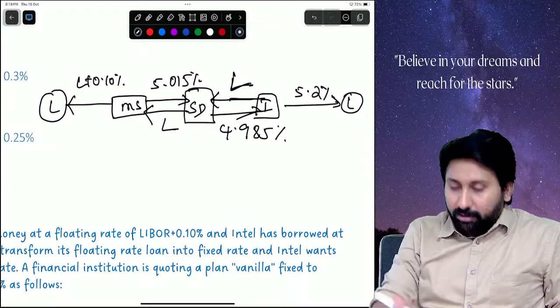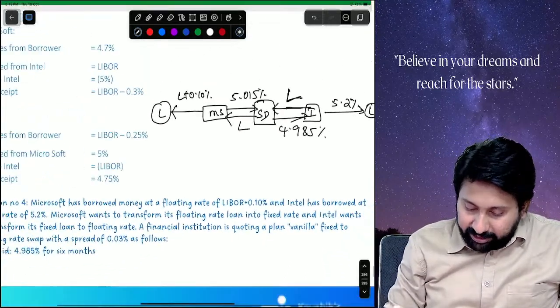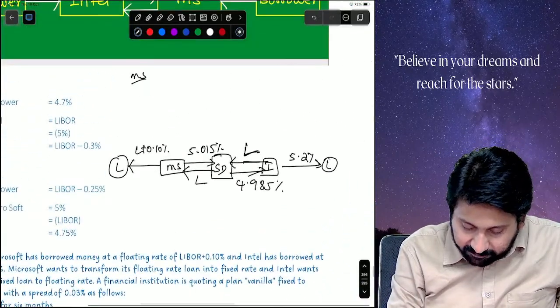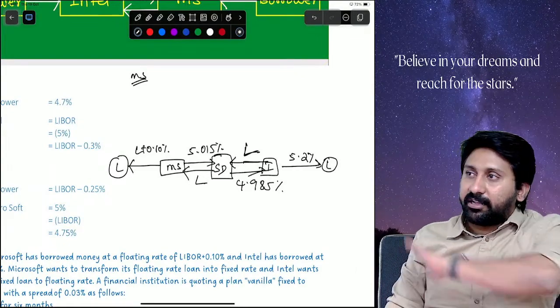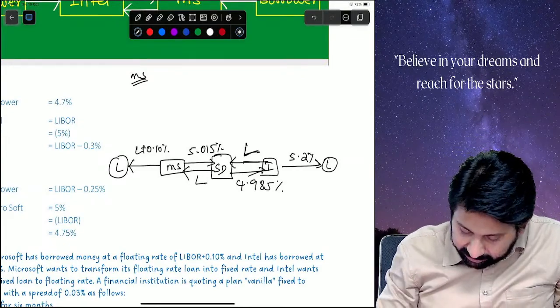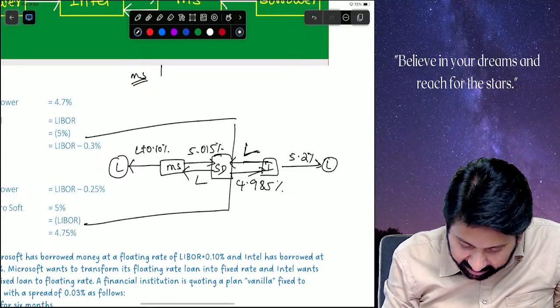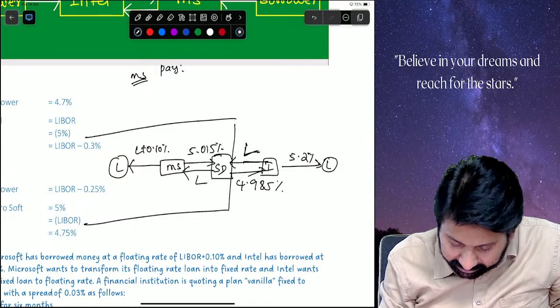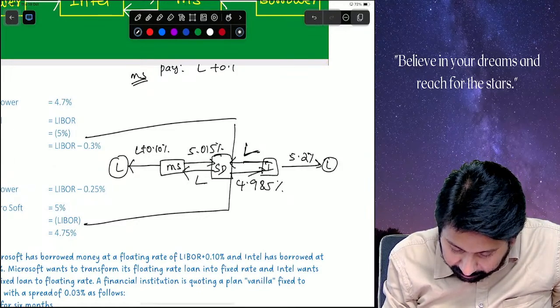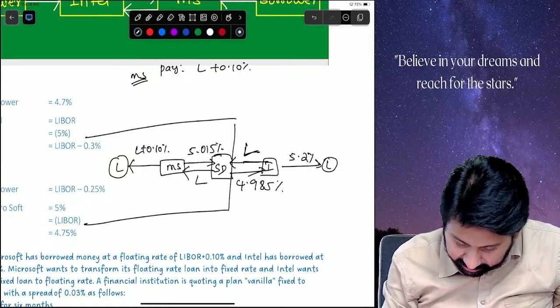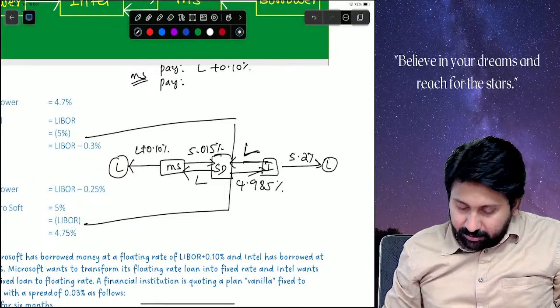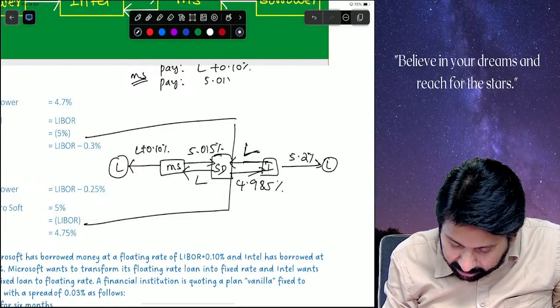Understood or not? Okay. Now tell me, what is Microsoft's net position? Tell me all the transactions. First, tell me from the Microsoft point of view. Pay or receive first? Pay Libor plus 0.1. Next, pay 5.015.